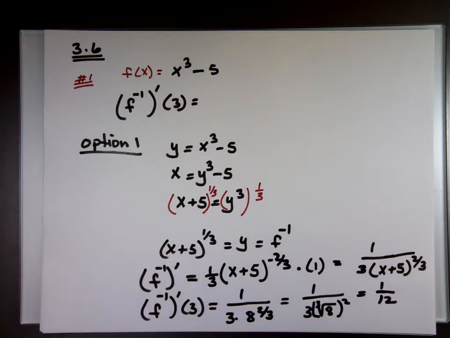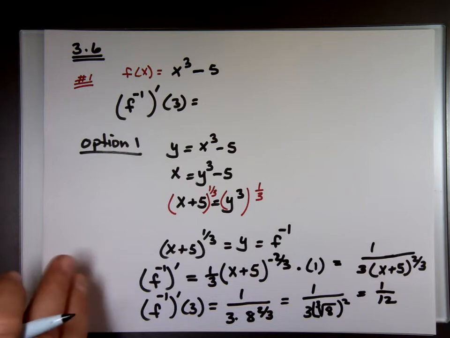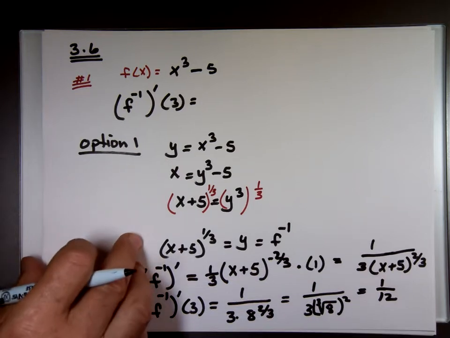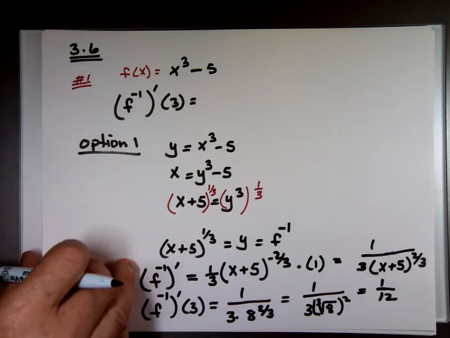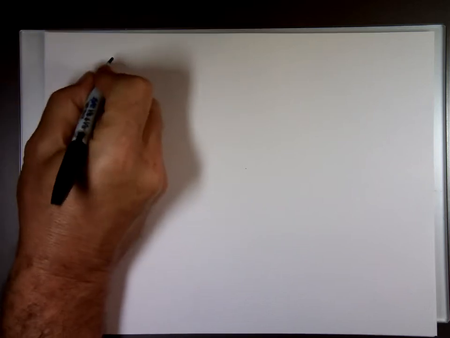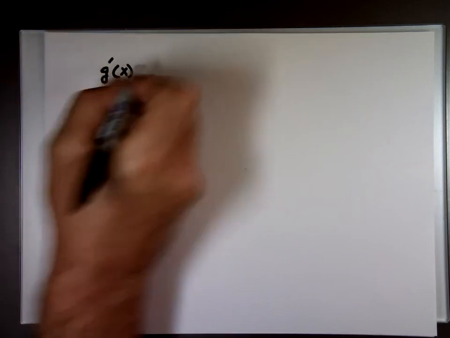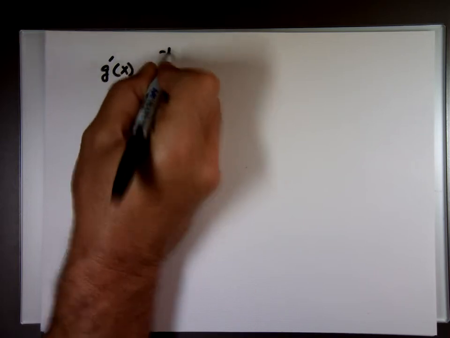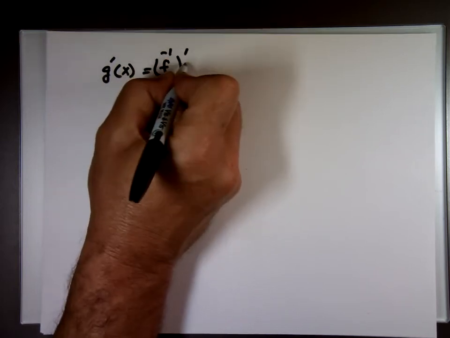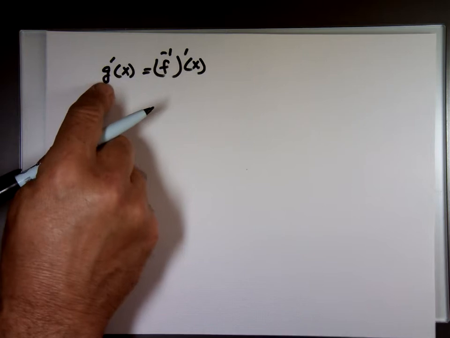I'm going to look at it. G is actually the inverse of f. They're using the letter G for the inverse of f here. It says if you want to find the derivative of g of x, that's the inverse of f. That's what g is.